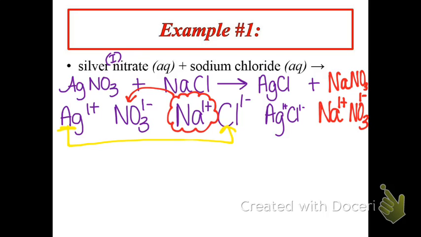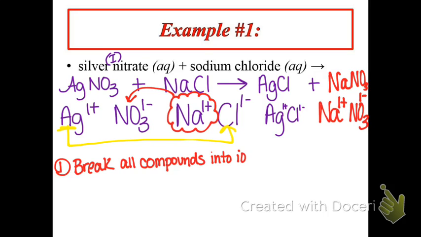So basically, if we define what we just did: 1, break all compounds into ions. Then number 2, make new partners.